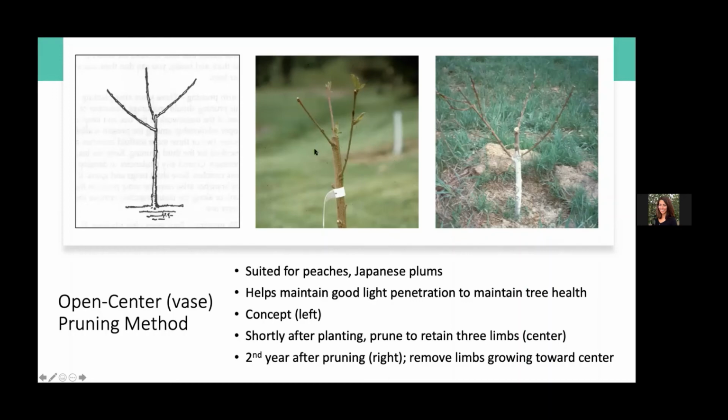So this would be shortly after planting, and then that next year, or maybe even the year after, you start to see the tree grow those 3 branches, the main scaffold limbs that you've selected, and you can see that those branches are starting to come out. As the tree grows and you come in to prune, you want to be sure to take out anything that's growing toward the center, because anything that grows inward is going to be shading out the intention of your pruning style.